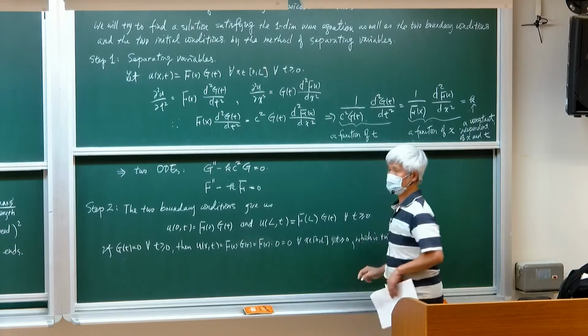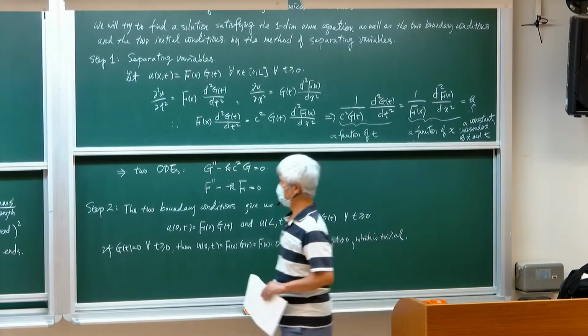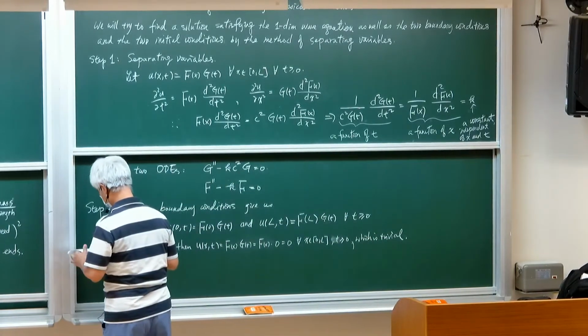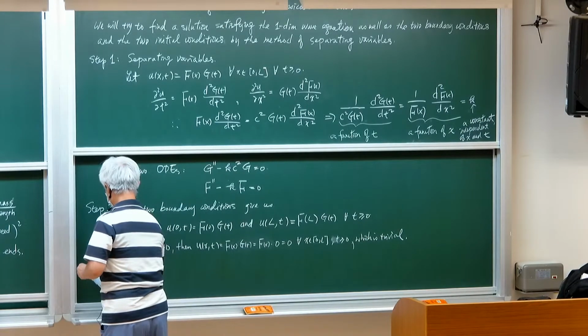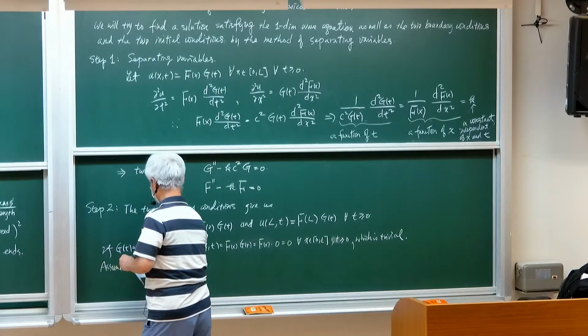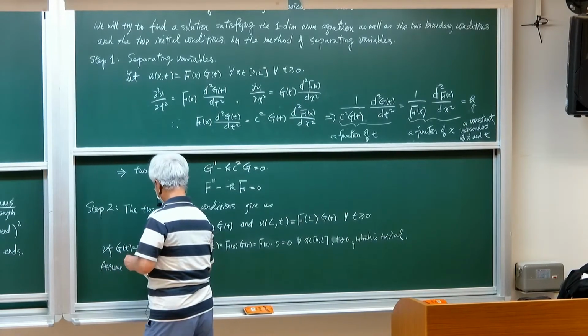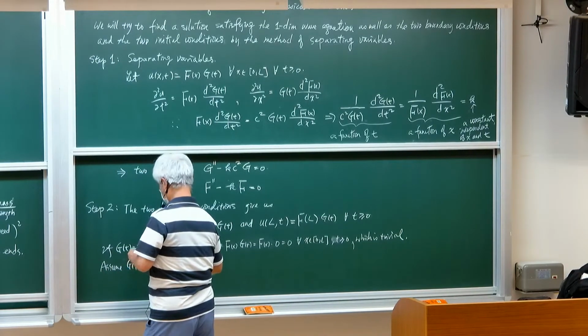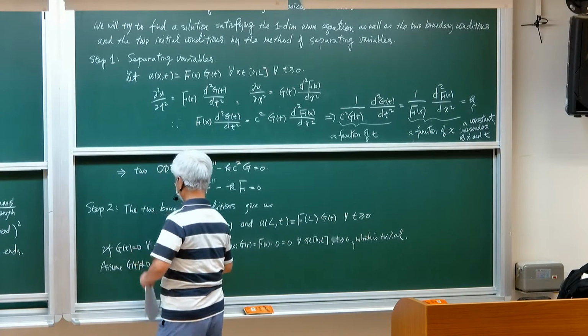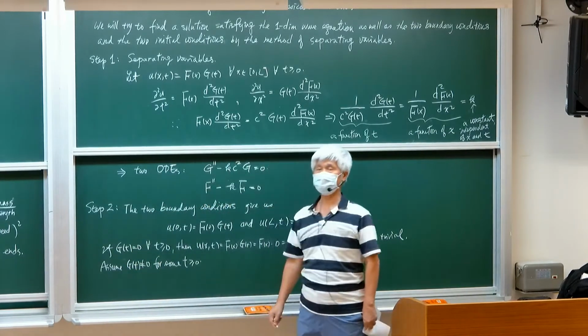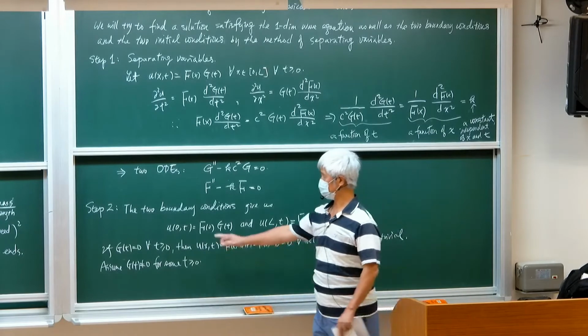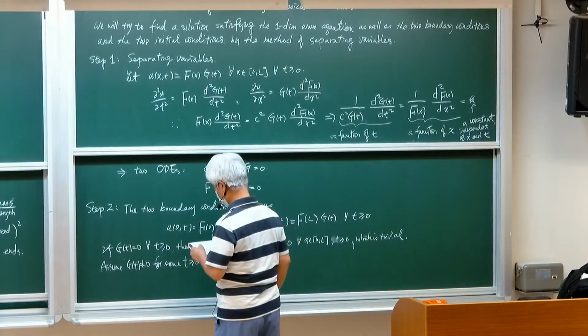But we don't want a trivial solution, right? So we assume that g(t) is not equal to 0 for some t greater than or equal to 0. So we assume that g(t) is non-zero at least at one time point.